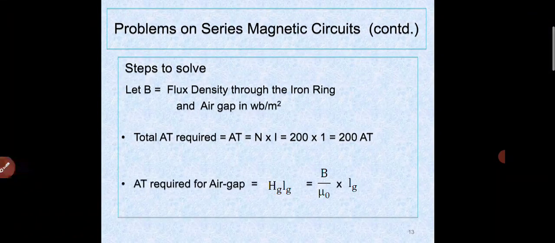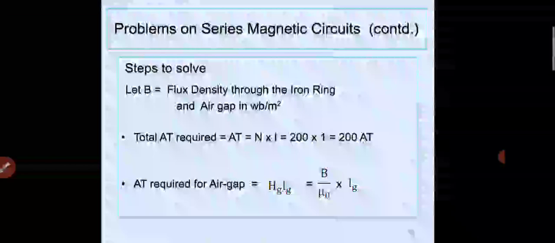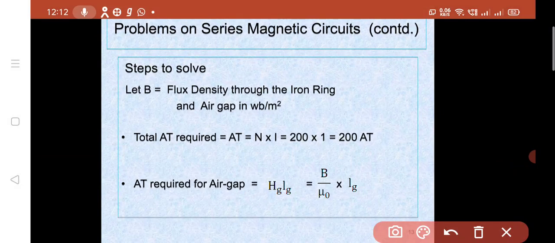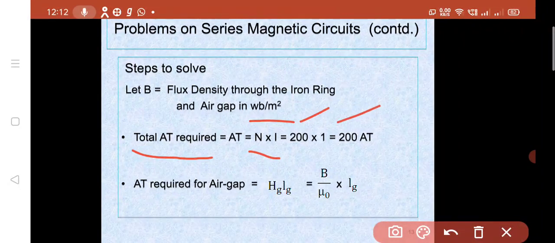And steps to solve the problem. Let B be the flux density through the iron ring and air gap in Weber per meter square. Total ampere turns required is N into I, where N is 200 and I is 1, so ampere turns is 200.